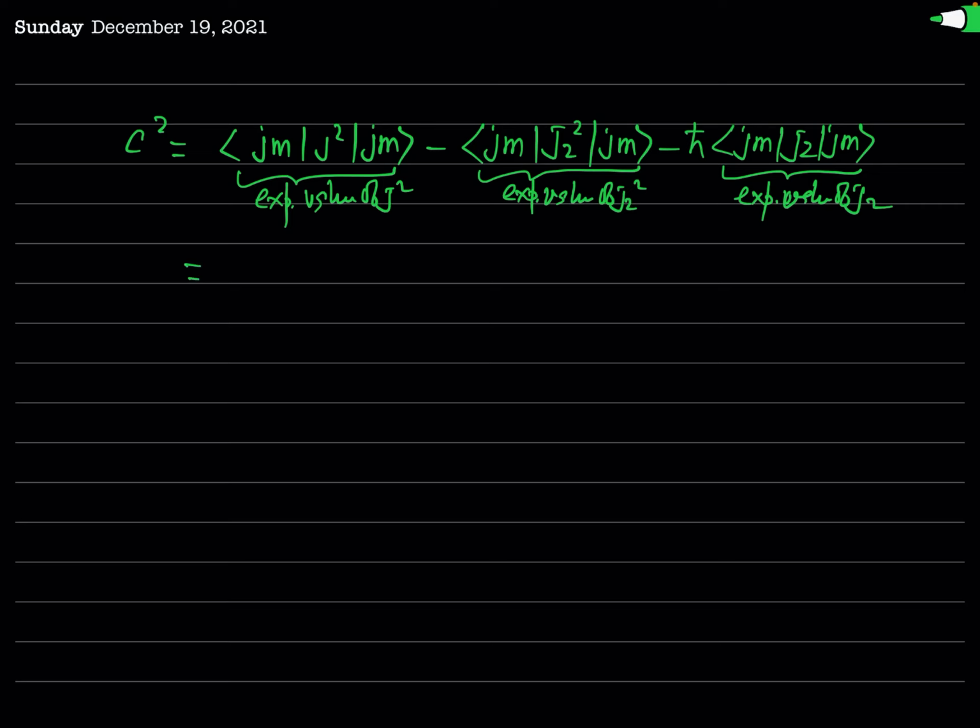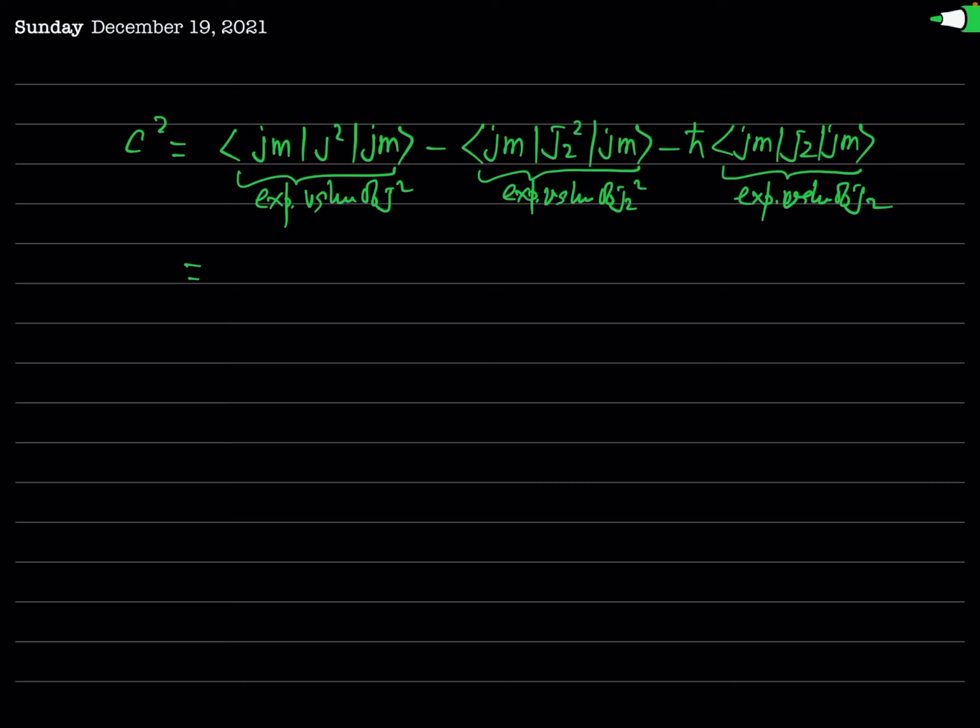This will be simply the eigenvalue of this operator J square, because that is fixed, so this expectation value will be directly equal to its eigenvalue. And what is the eigenvalue of J square when its eigenstate is |J m>?